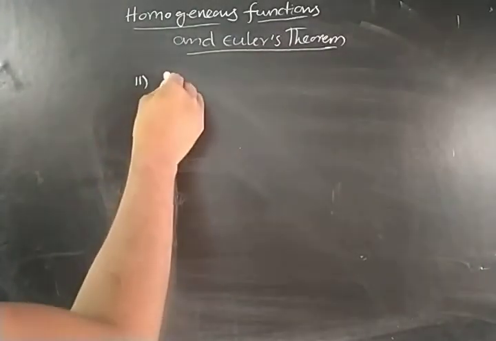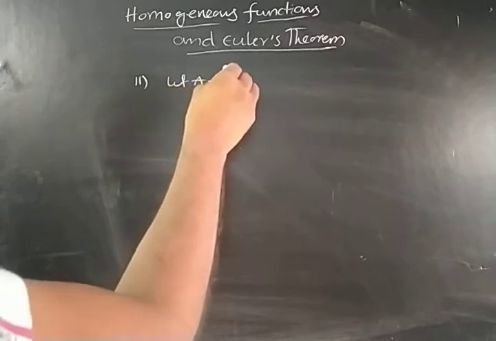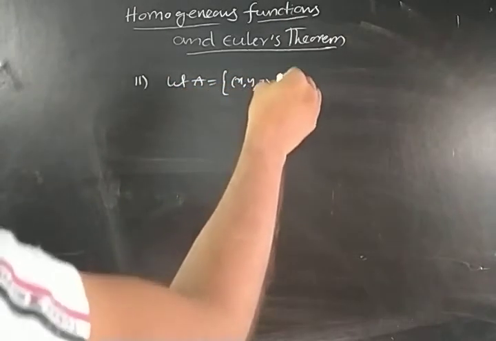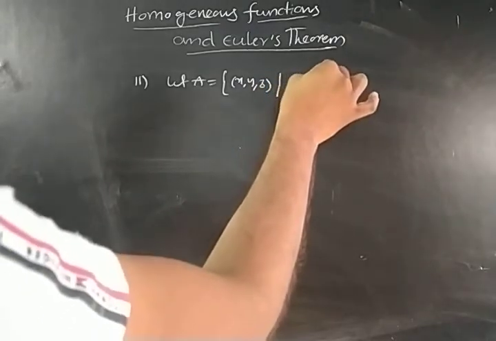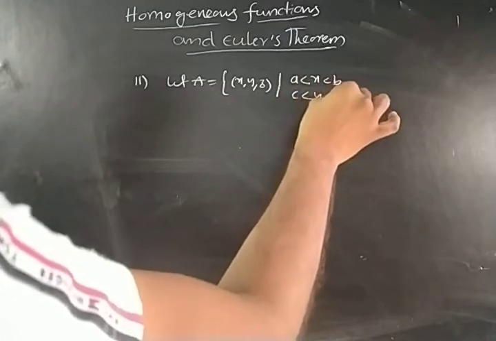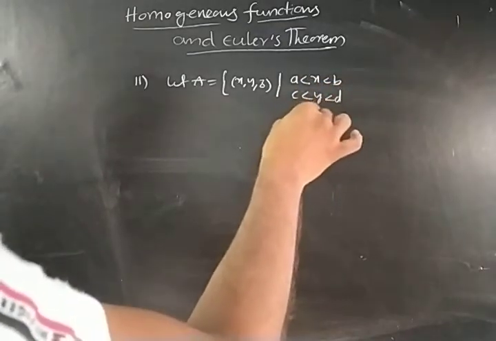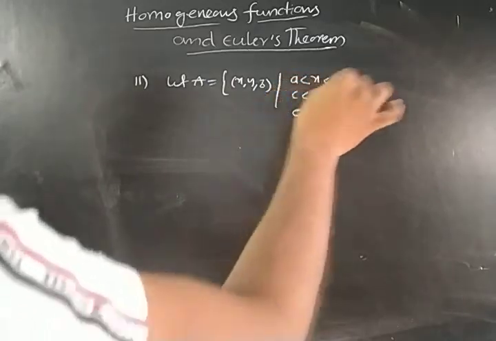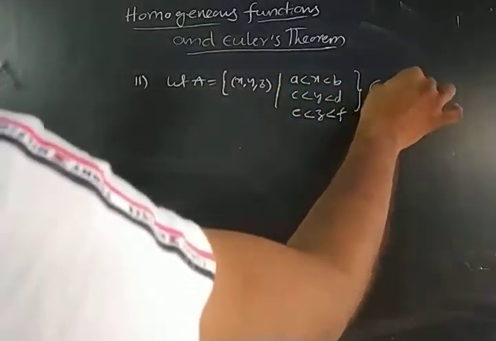Second definition. Let me take one non-empty set A equal to x comma y comma z, where x lies between a and b real numbers, y lies between c and d, and z lies between e and f, which is a subset of R cube.